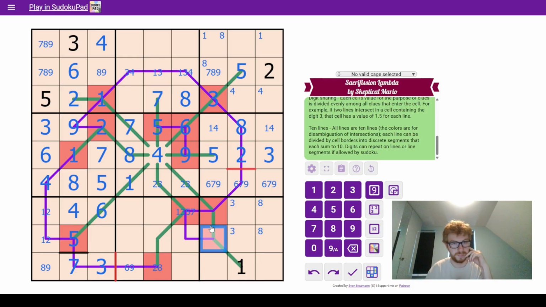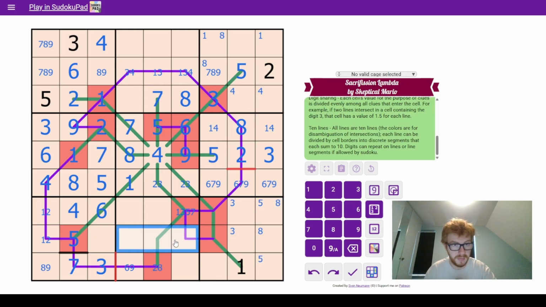Okay. Makes sense. Of course. So I think we have to start thinking about this, but I really do not want to. 5, 5, 5, so one of those is a 5. Well, 5 is in one of those.